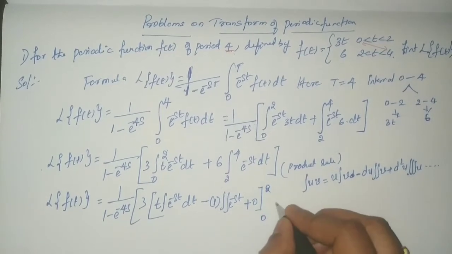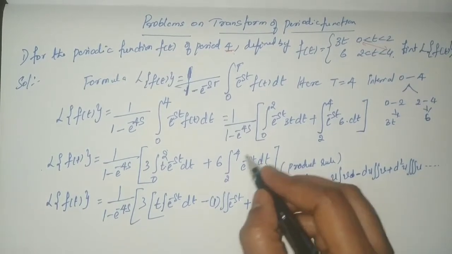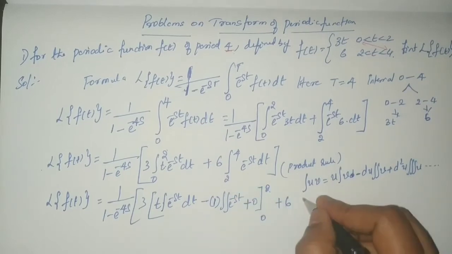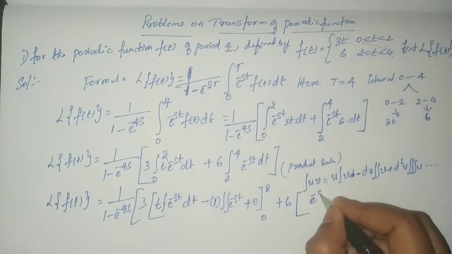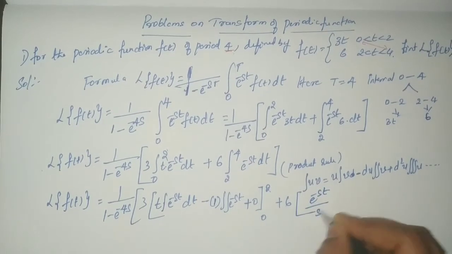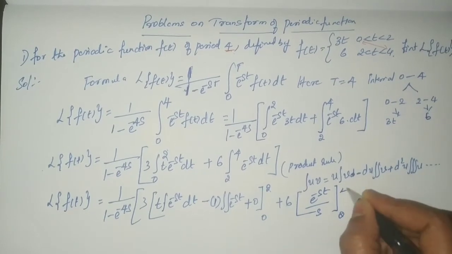Limits from 0 to 2, plus 6 into, here we have only one function, so integration of e power minus st, since we are integrating with respect to t, s becomes constant, and the limits are ranging from 0 to 4.